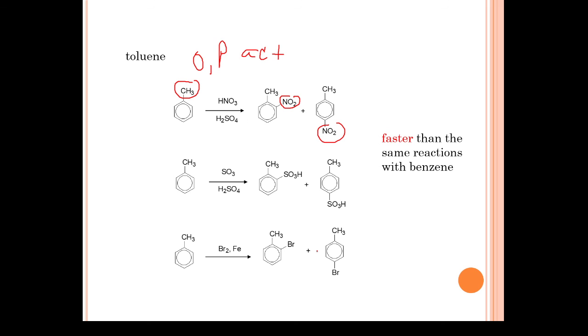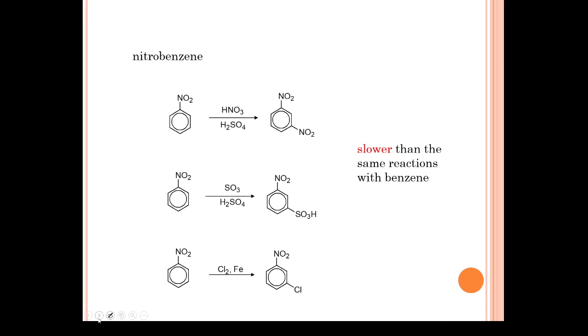Just understand what your substituent is going to be that you're going to add next. Nitrobenzene, or the nitro group, is a meta deactivator. It's going to react slower, and it's going to put the next substituent in the meta position.